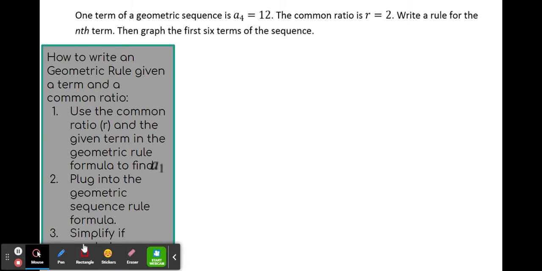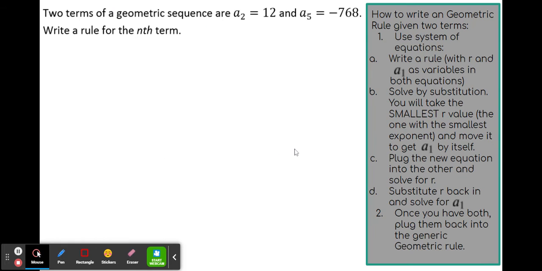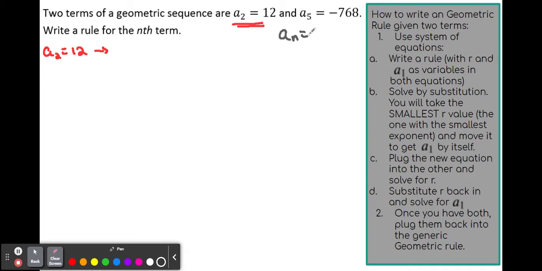Now, what isn't so pretty sometimes is when you're given two random ones. We're still going to be solving systems, but people get a little thrown off when we solve these. So let's walk through them. So we have system 1 is going to be using A sub 2 equals 12. Again, plug in everything you know. That's your generic rule.